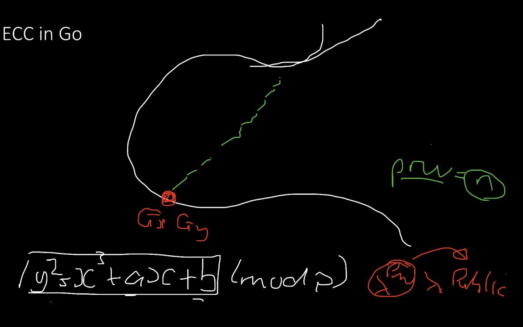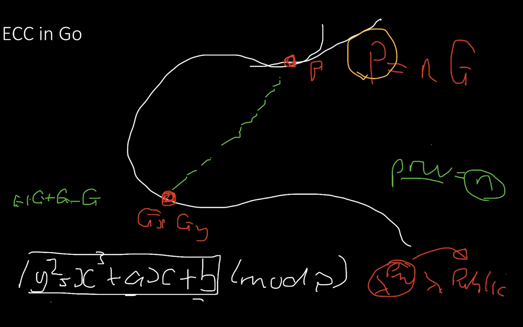Then we add G n times, so basically G plus G plus G and so on until we add it n times. That then gives us a point on the elliptic curve called P, and we represent that as P is equal to n times G, or adding G n times. This becomes our public key, and this is our private key.